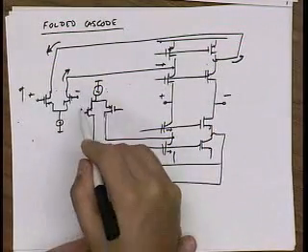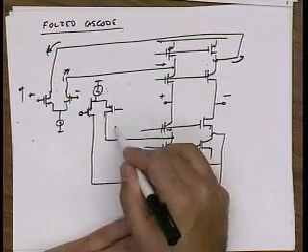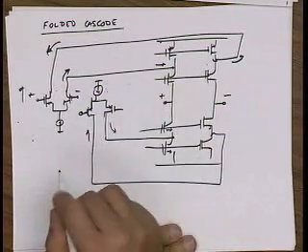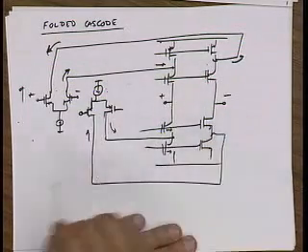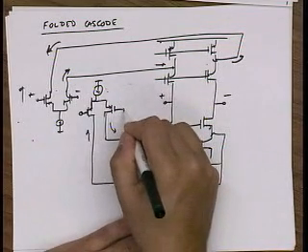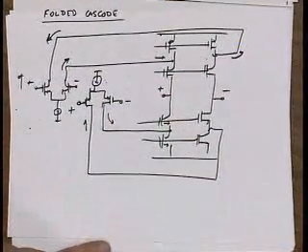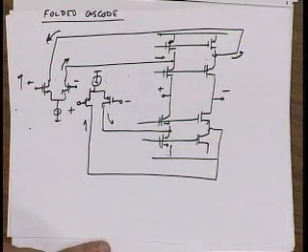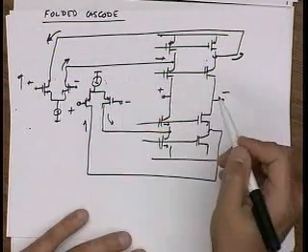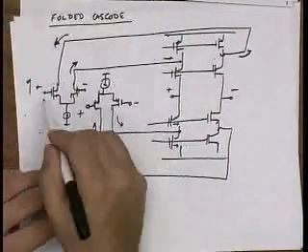To get the same effect here, I want current to come in this direction in order to add to the output and subtract from here. And to do that, I need to add a negative input here. So this is the minus, this is the plus. Does this terminal go up? Yeah, that looks right. And of course, these are connected together.